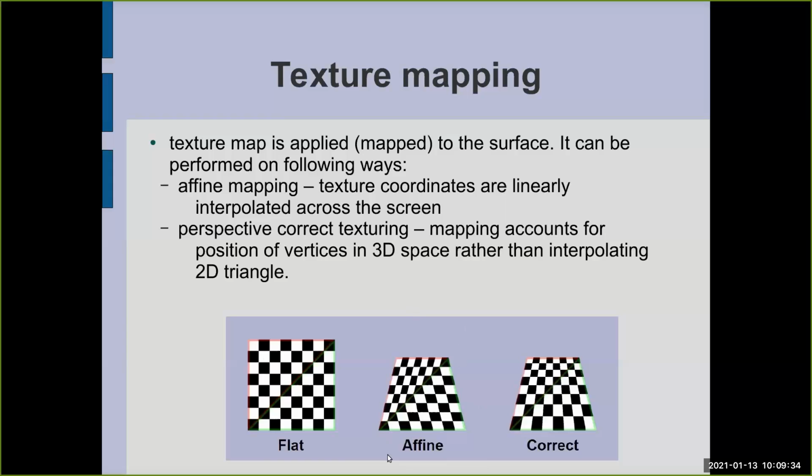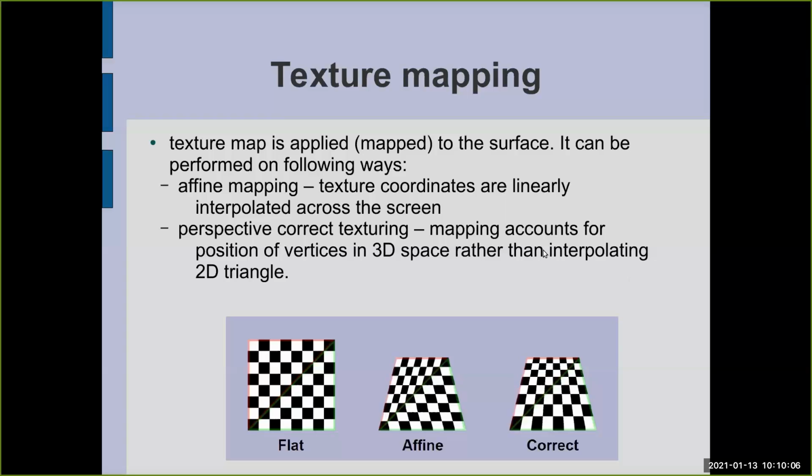So look, affine mapping is very fast method, so it's quite easy to apply because we need to consider only the 2 vertices to calculate this squeeze factor for mapping. But the problem is that it looks not realistic.